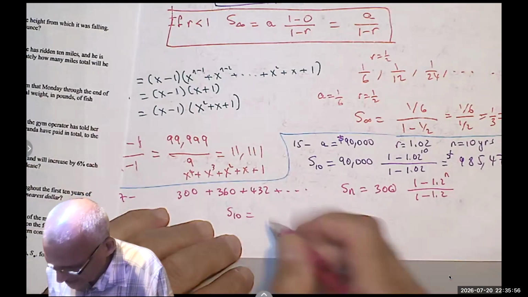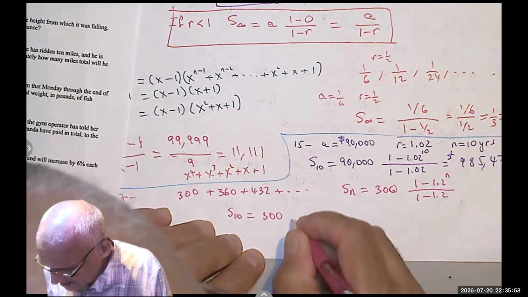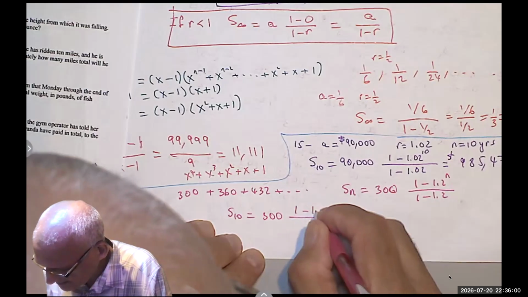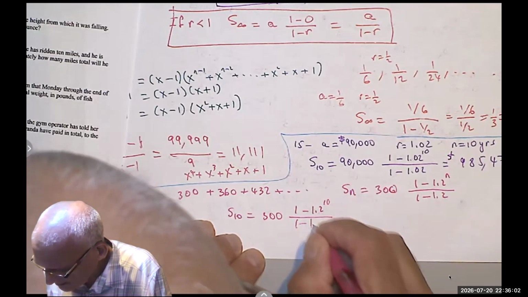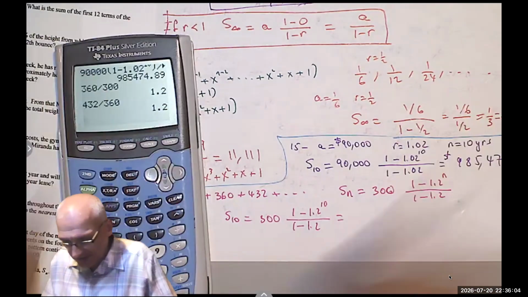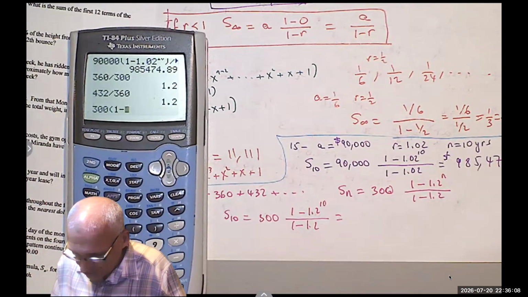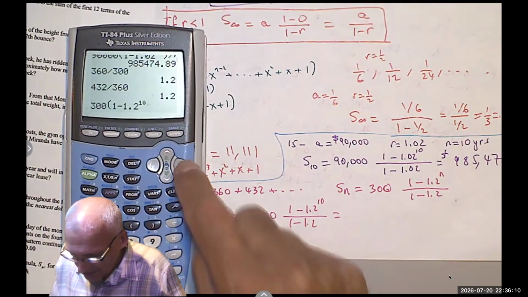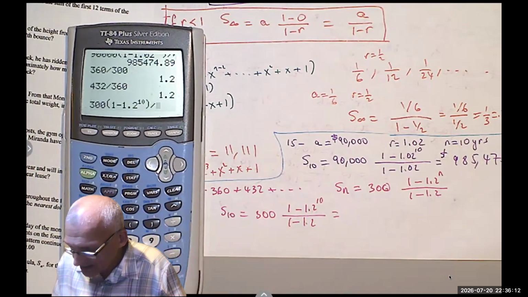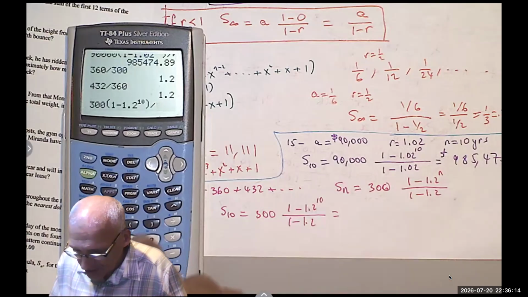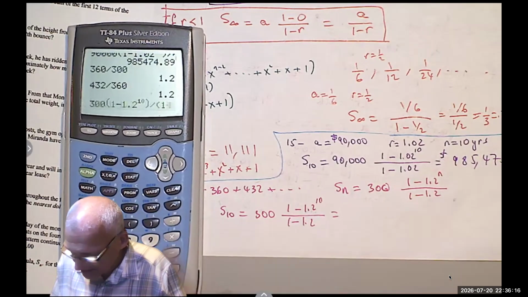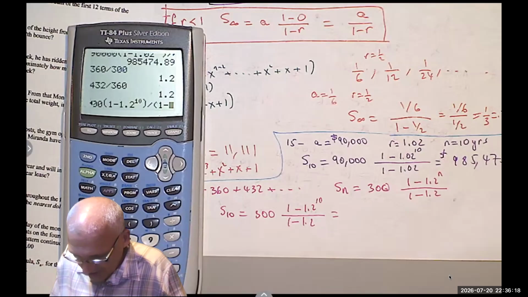Now I'm going to substitute n as 10. Use my calculator: 300, open parentheses, 1 minus 1.2 to the 10th power, divided by negative 0.2, or just write it exactly as we have it.